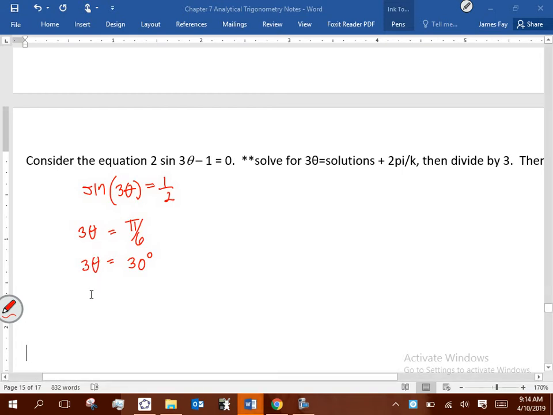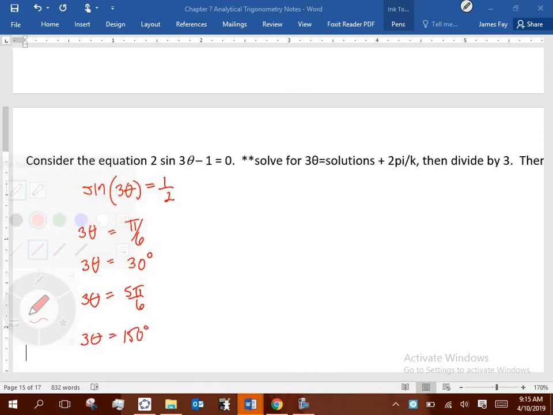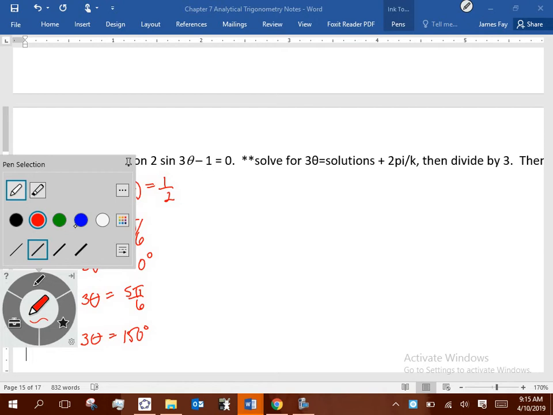Now, that is only one solution that exists on the unit circle when sine is 1/2, right? What's the other angle when sine is 1/2? 5 pi over 6 or 150 degrees.